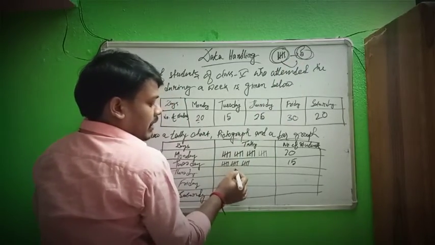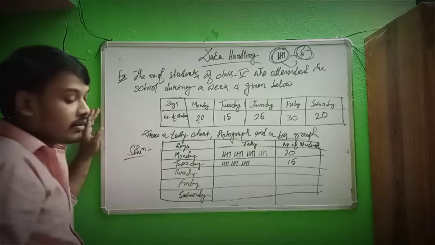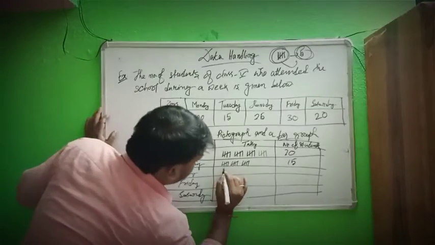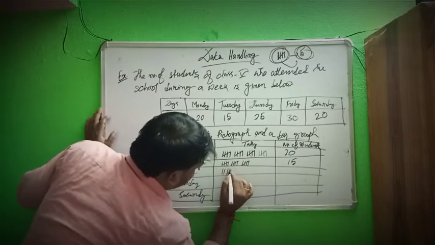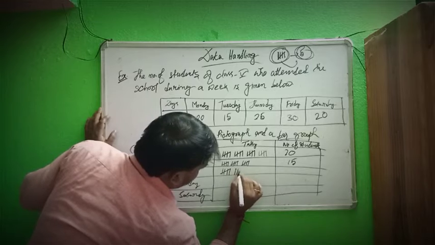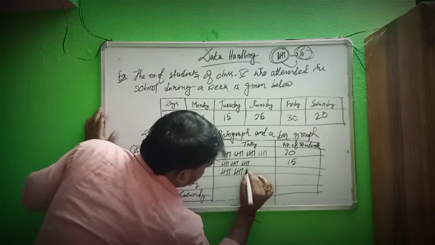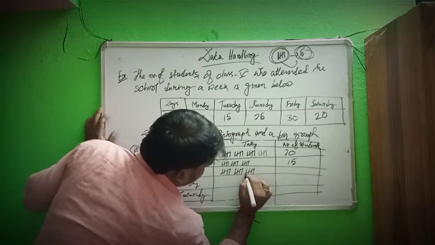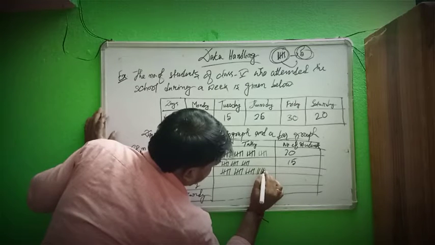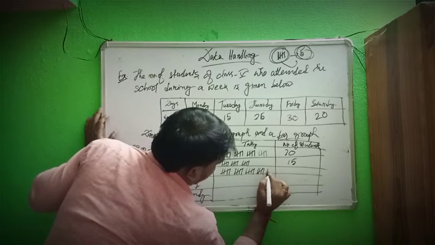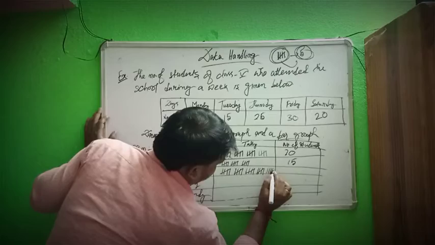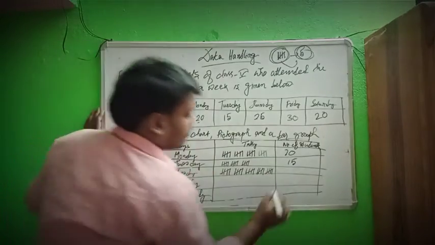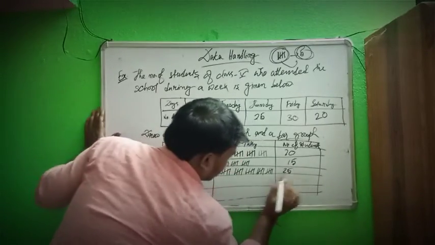So 5 plus 5 is 10, plus 5 is 15. Next one is 25: 5, 10, 15, 20, 25. So the number of students is 25.